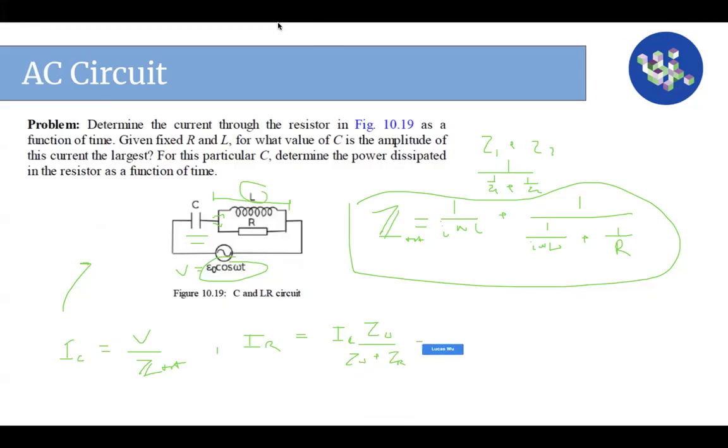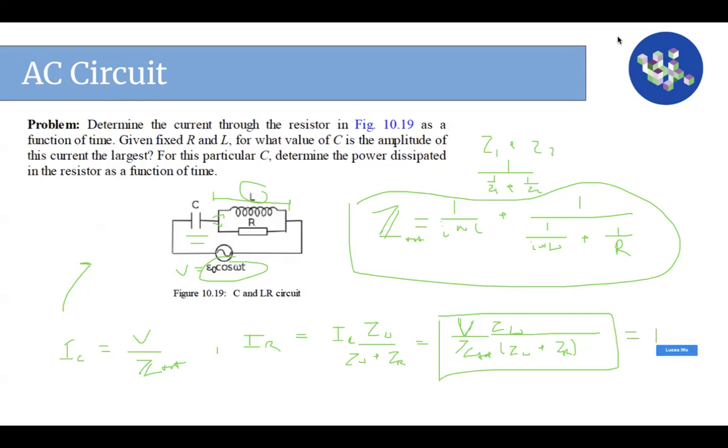So we'll get V divided by Z total, times ZL over ZL plus ZR. Basically you just plug in what you know for ZL, Z total, ZR, and V, right?